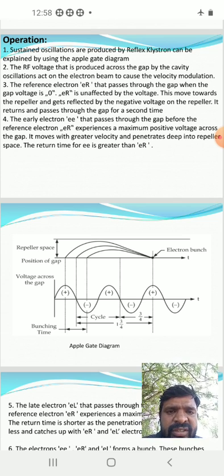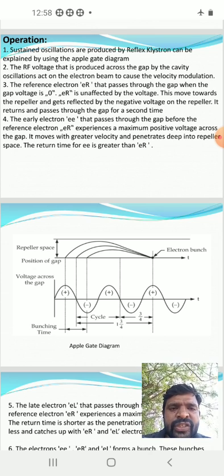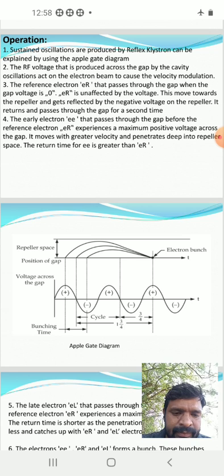The reference electron ER passes through the gap when the gap voltage is 0. ER is unaffected by the voltage. It moves towards the repeller and gets reflected by the negative voltage on the repeller. It returns and passes through the gap for a second time.